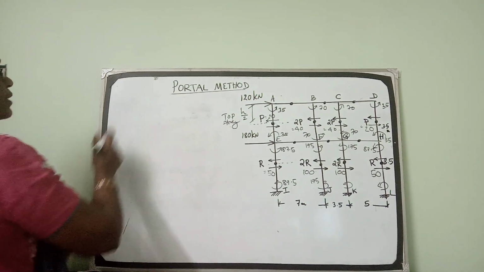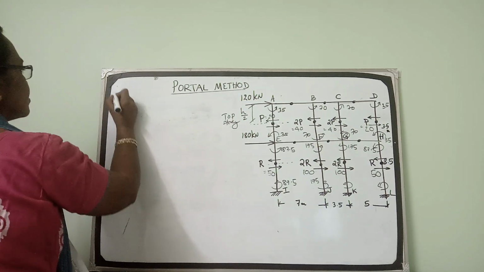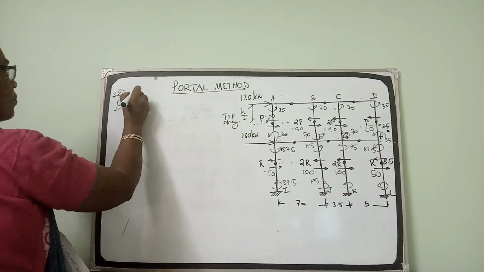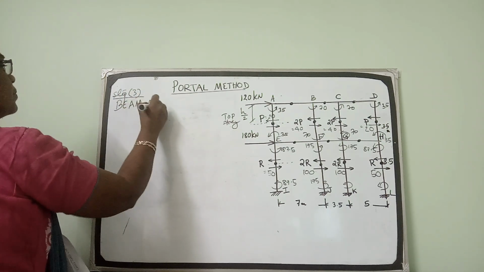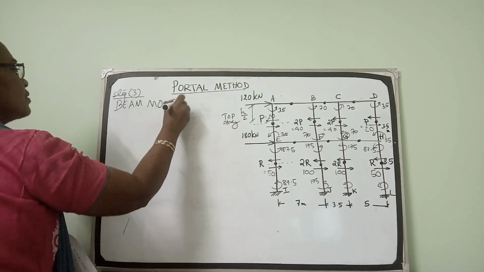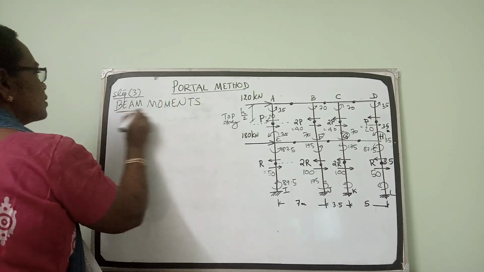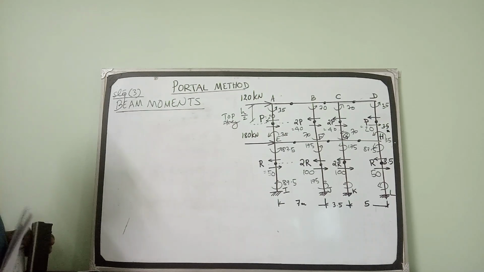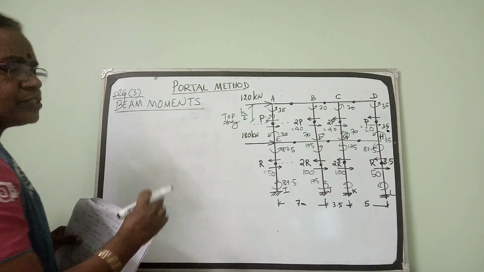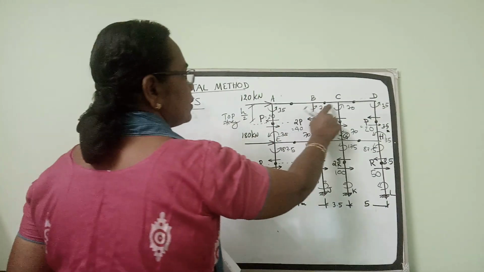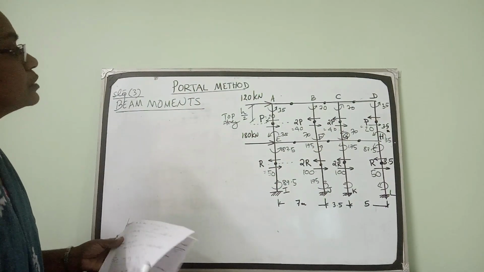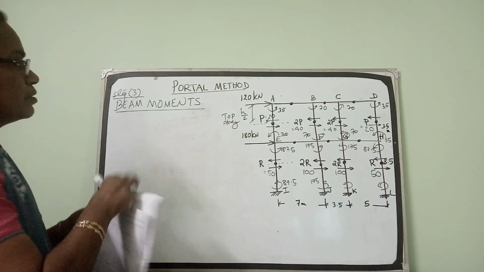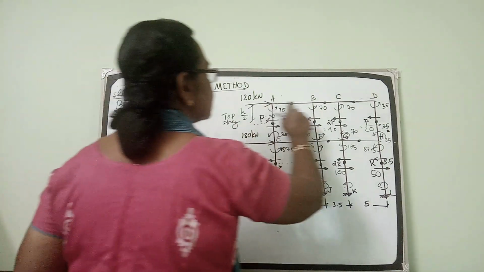Now the third step, step 3, is beam moments. For the beam moments, we have to consider the beams AB, BC, CD. We will consider the top beams or the roof beams. Consider these beams.